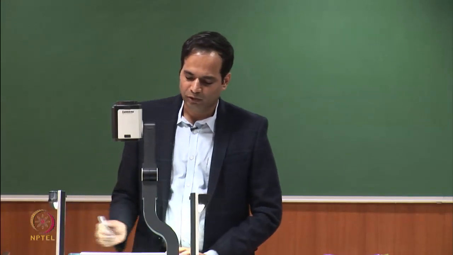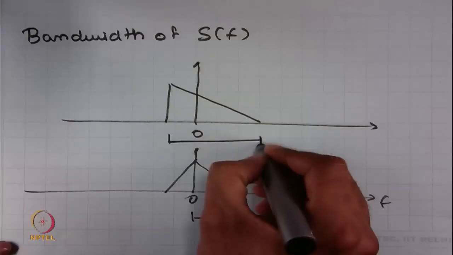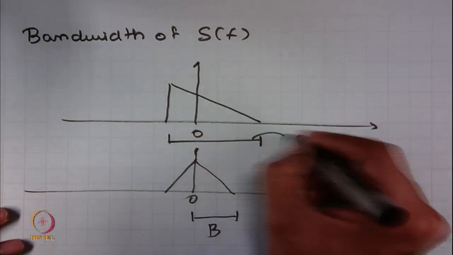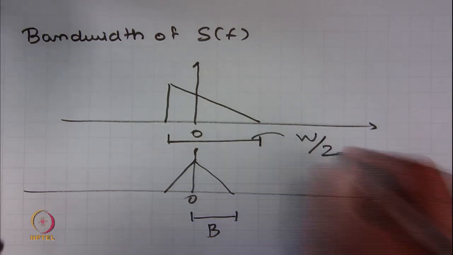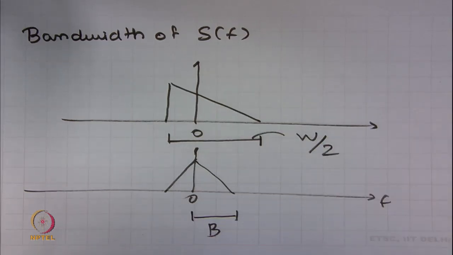Now, there are many definitions that exist in literature which define the bandwidth of such a signal. One idea is that you take the two sided bandwidth, let us say the two sided bandwidth is W, and then you divide this two sided bandwidth by 2, and you treat this as the bandwidth of this complex signal. That is one definition that exists in literature.